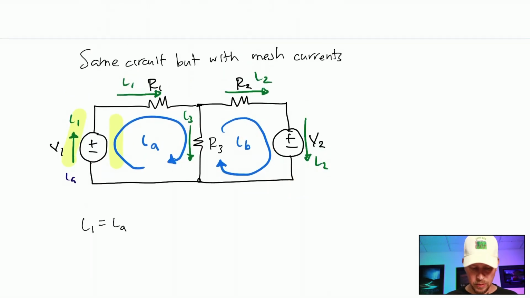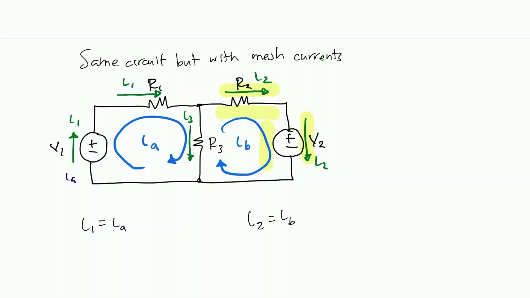Right? Similarly, if you take a look at, let's say, over here, I have I2 there, and I have IB flowing in the same direction that way. It also happens to be flowing down through there. So I can also say, by taking a look at that one, that I2 is equal to IB. The only place where there's a bit of a difference between the mesh current and the branch current right now is right through this middle section.